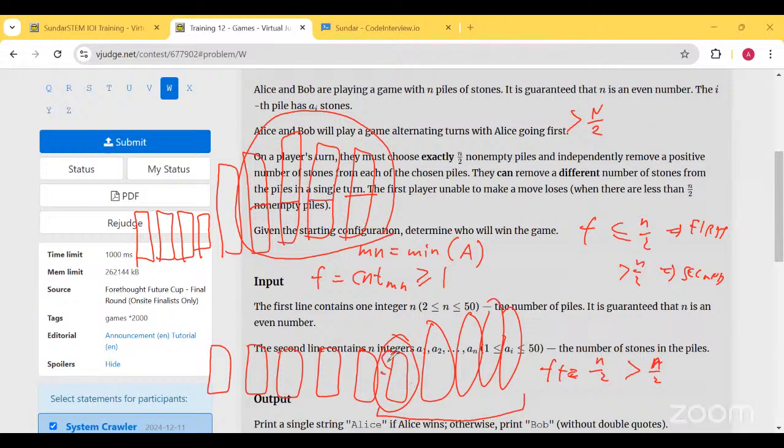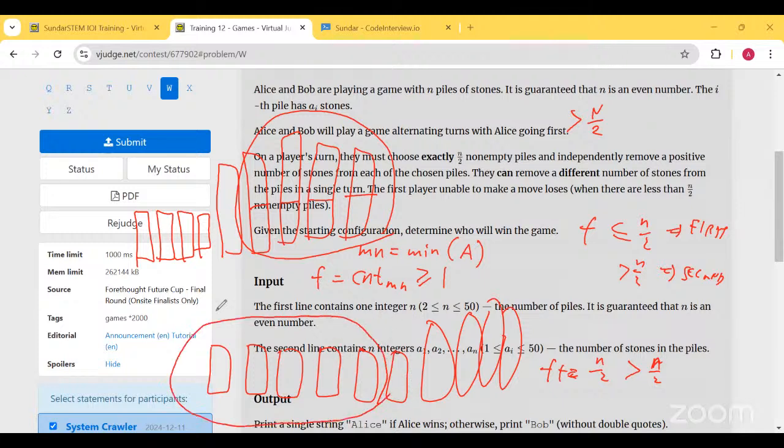So that player always reaches the minimum. All right. And when he reaches the minimum, the number of new minimum will never exceed n divided by 2.